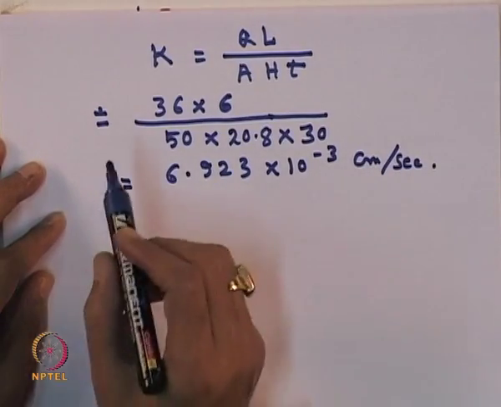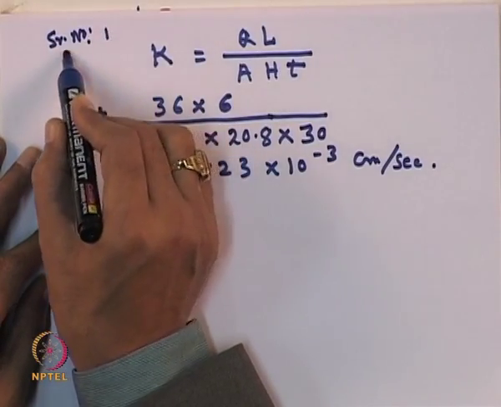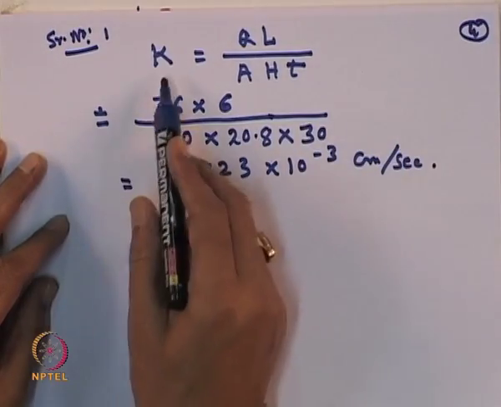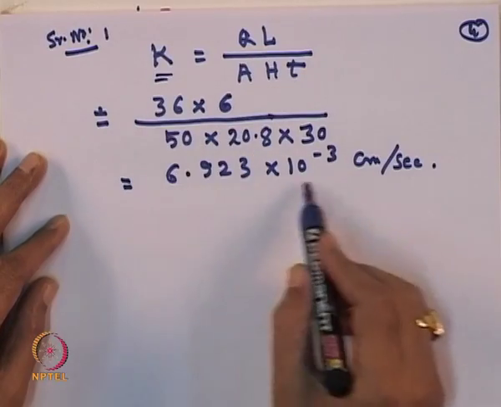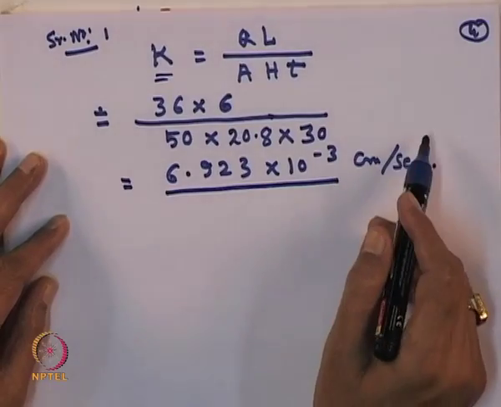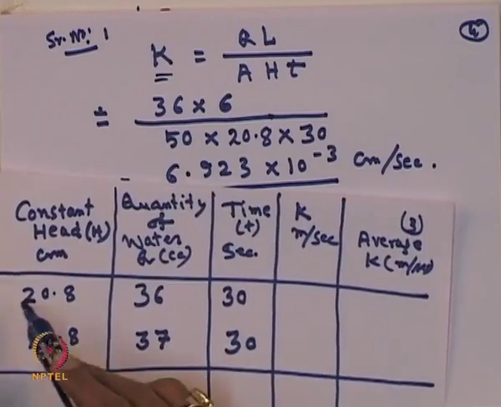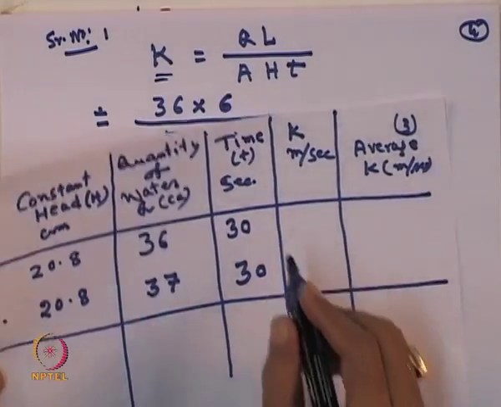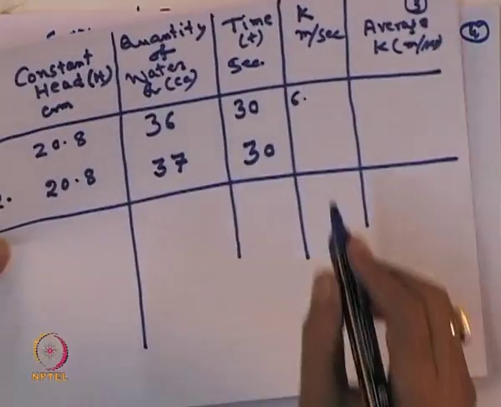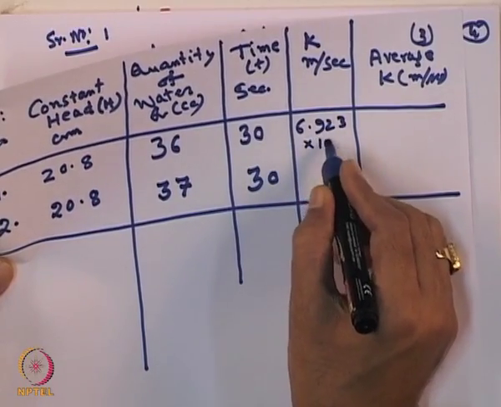So from the first serial number 1, you have the coefficient of permeability K. So we can write here that K value from serial number 1 is 6.923 into 10 to the power minus 5.